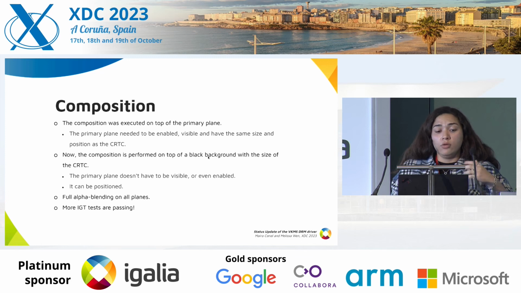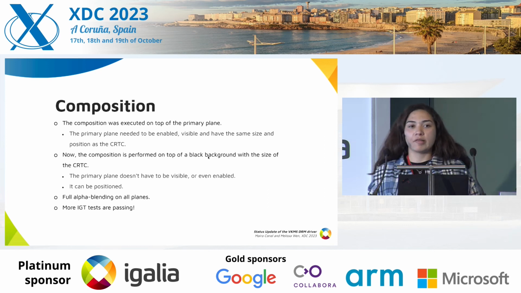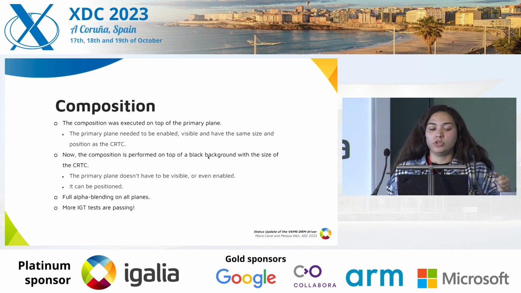I mean, you can even make the primary plane not visible. This means that now we have more IGT tests passing, which is really important for VKMS, because there are a couple of IGT tests that demand the primary plane to be positioned.